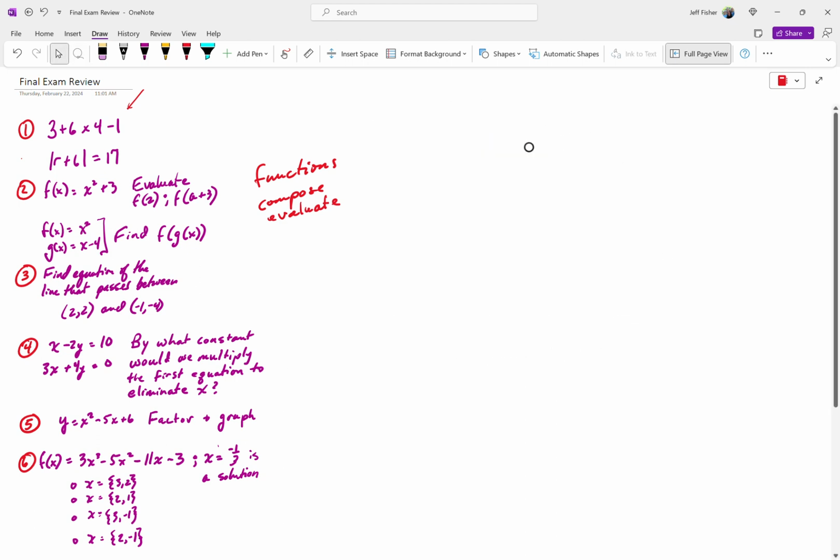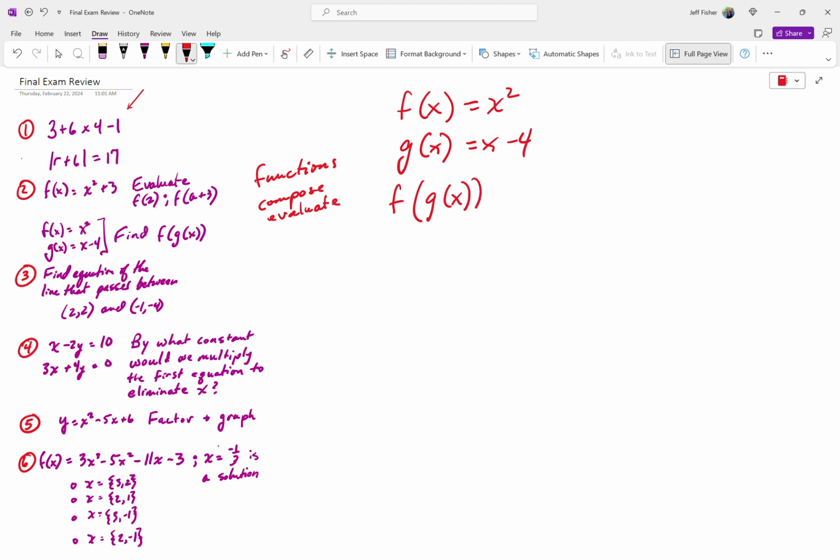Okay? How do we compose functions? This is what we mean when we say find g of f of x or find f of g of x. So if we have two functions, f of x equals x squared and g of x equals x minus 4, we compose the functions by first starting on the inside out. If we do the f composed of g of x, then we take and put g of x in for every x of f of x.